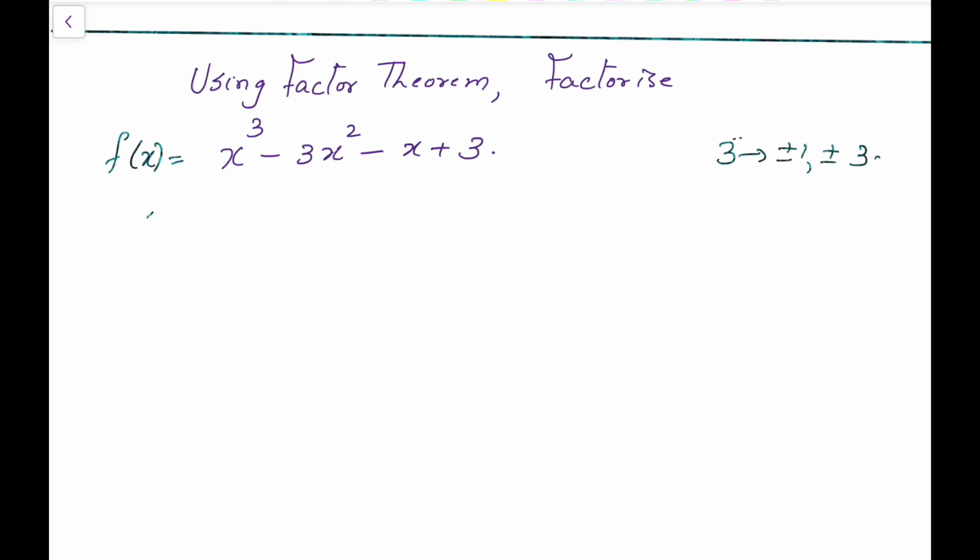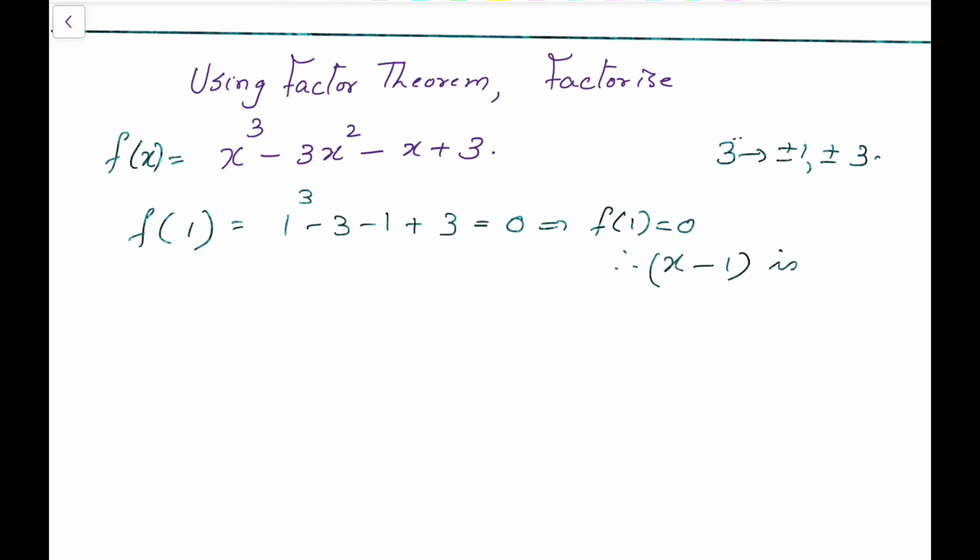Now we will check with f of 1. f of 1 is 1 cube minus 3 minus 1 plus 3. So you get this as 0. 1 minus 1 is 0, minus 3 plus 3 is 0. So f of 1 equal to 0. Therefore x minus 1 is a factor.